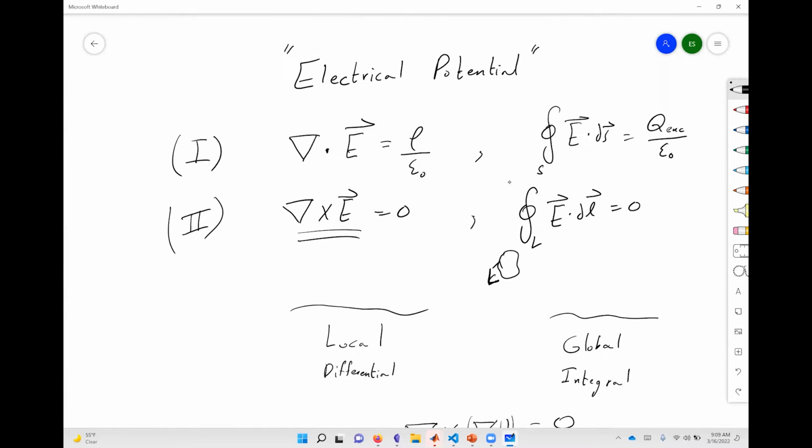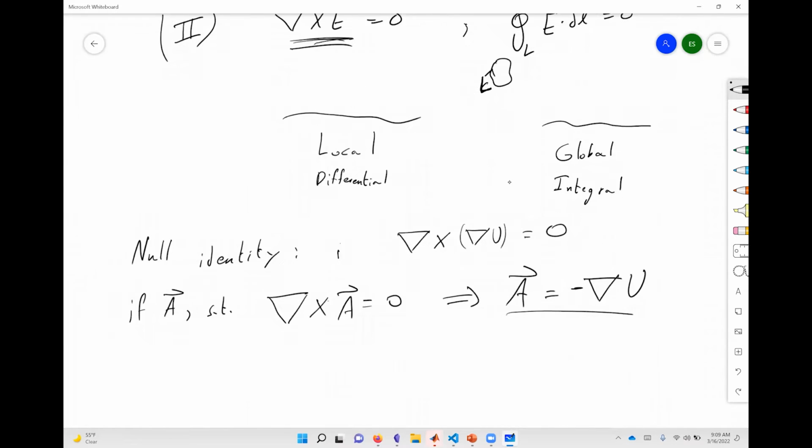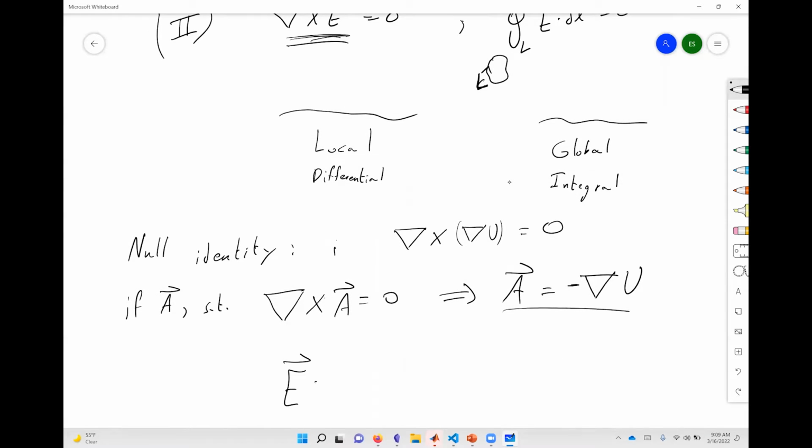So in electrostatics, the curl of E is 0. This tells me that E can be written as the gradient of some scalar field, because E in electrostatics is irrotational. It does not rotate around any axis. It has no current sources. If there was a current source in electrostatics, it would be a magnetic current, meaning a current of magnetic charges.